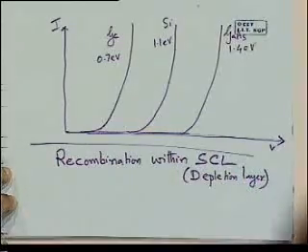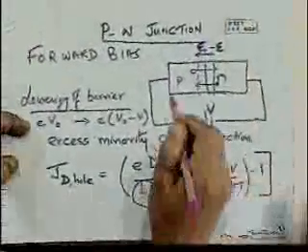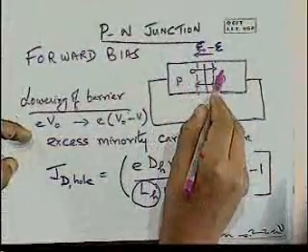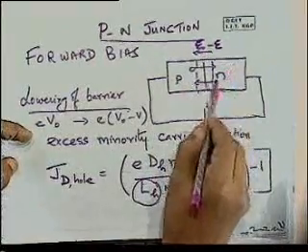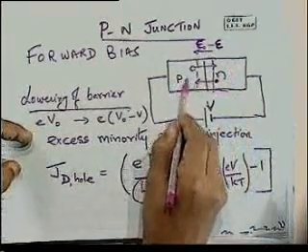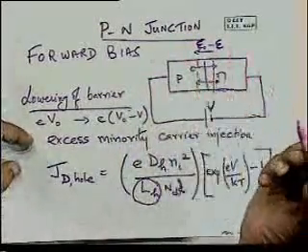You see, what we had earlier was that under the applied bias, holes are going to be injected in here where they are now minority carriers, and they'll be recombining here, electrons injected in here, and they'll recombine here, and the source replenishes these.